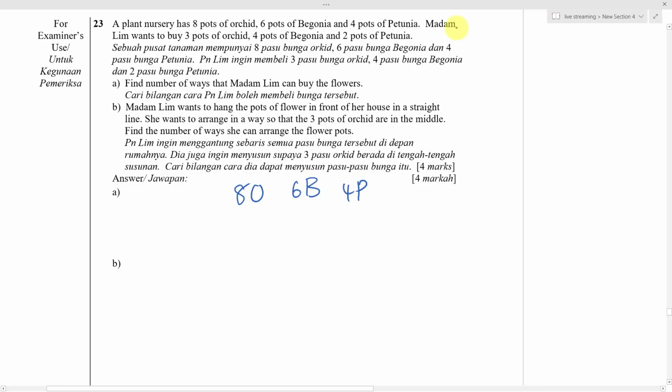Alright, so it's easier for me. So Madam Lim wants to buy 3O, 4B, and 2P. So that means they want 3 of this one, 4 of B, and then okay, this is what Madam Lim wants. Alright, then find the number of ways Madam Lim can buy the flowers.